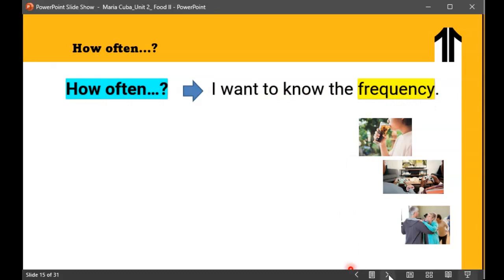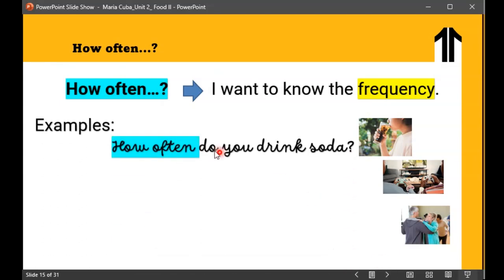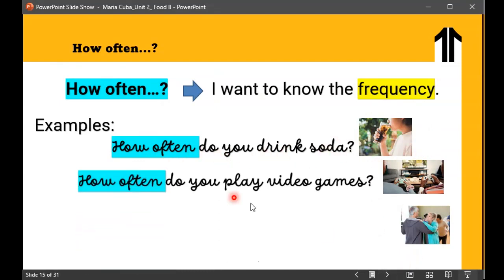And these are the questions. For example, you can say, how often do you drink soda? How often do you play video games? We want to talk about the frequency. How often?